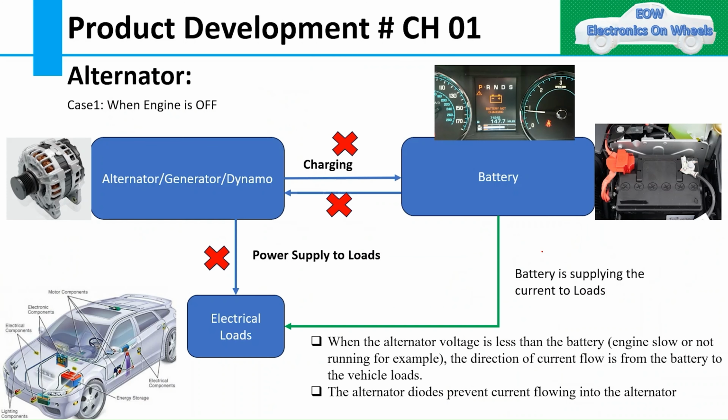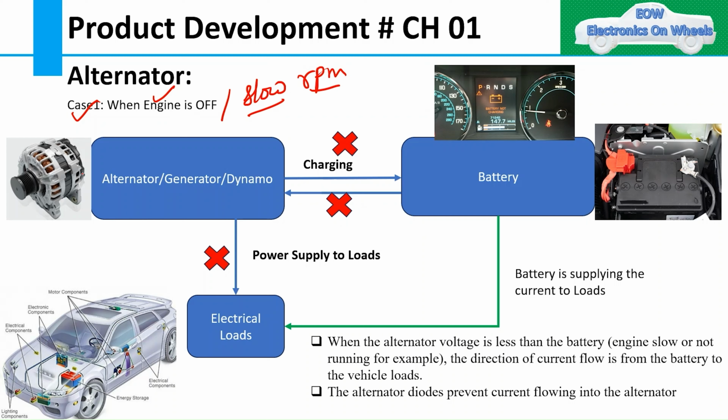Moving further, we will try to understand how this alternator has different operation in the car. Here I will take two cases. First case, where the engine is off, or you can say the engine is not running, or the engine is slow. You can say it is not running at the desired RPM, right?